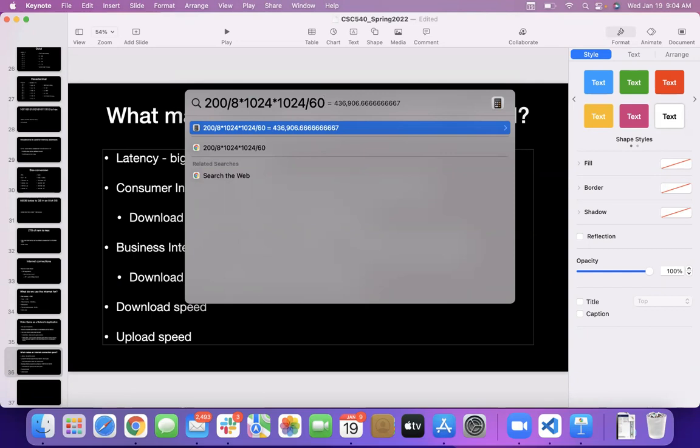So your 200 megabit per second internet connection is capable of downloading 436,906 bytes every single 60th of a second, not every second.